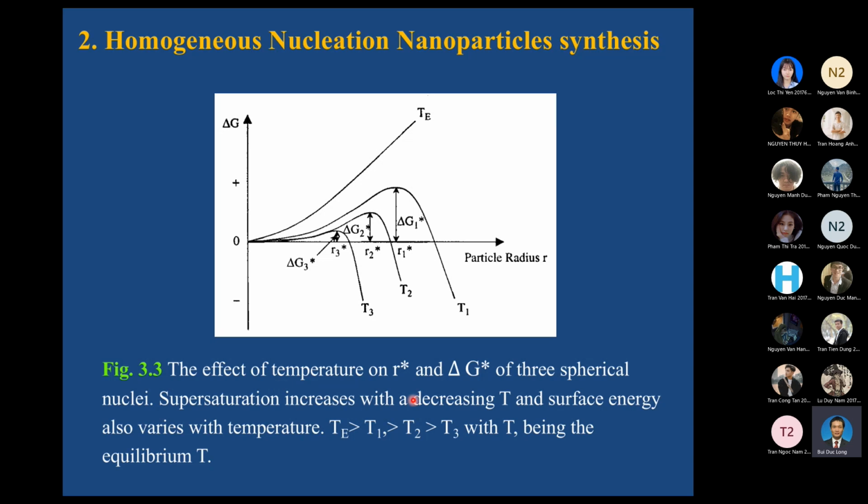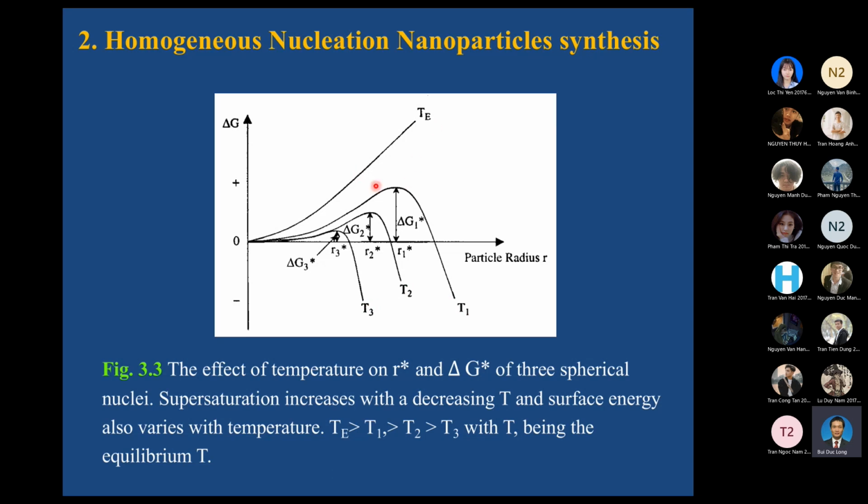You can see that as temperature reduces, the surface energy, or the energy of the system, also reduces. This is the energy of the system at different temperatures: T1, T2, T3, and TE.